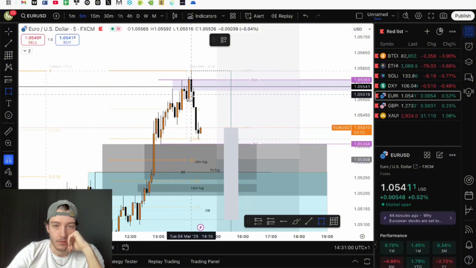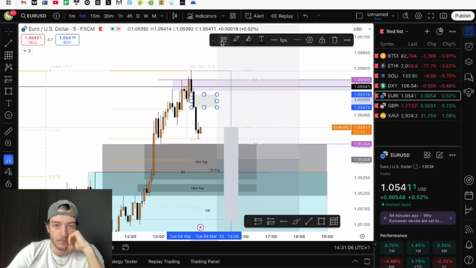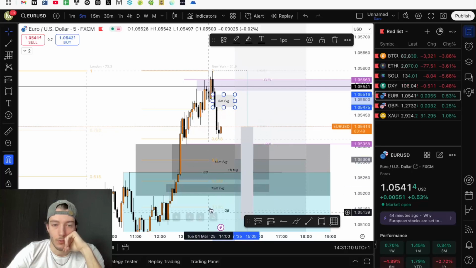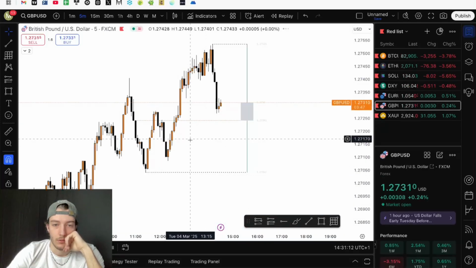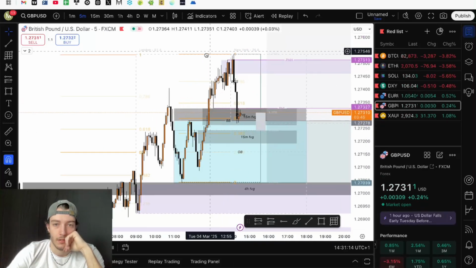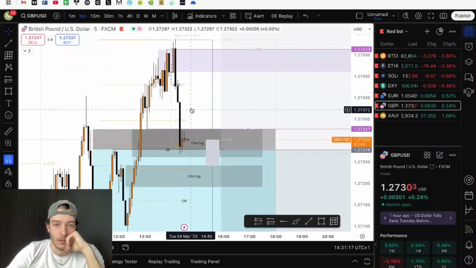Same thing here. If we disrespect both of these 5-minute fair gaps on these pairs, kind of meaning that on Euro we're not gonna come to these levels, but GU we already did, we are likely gonna move higher.